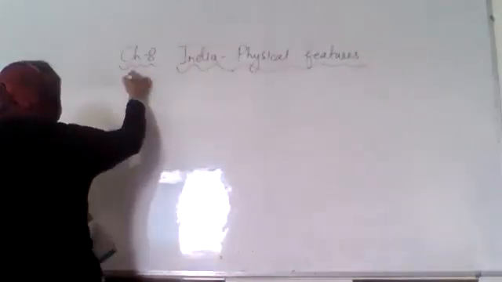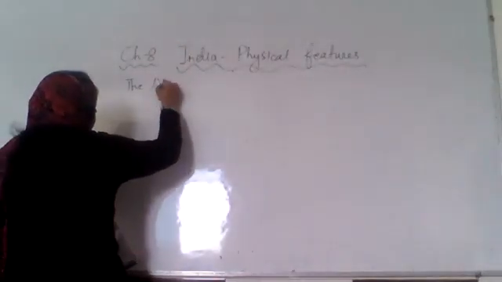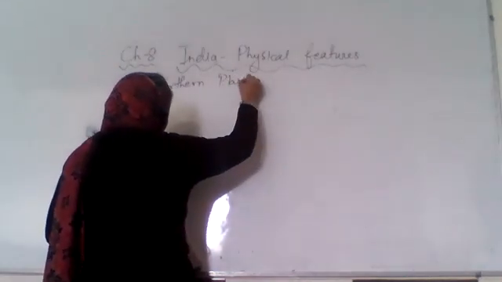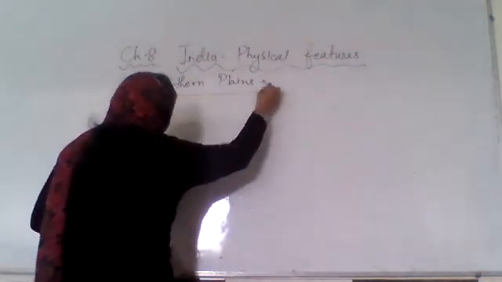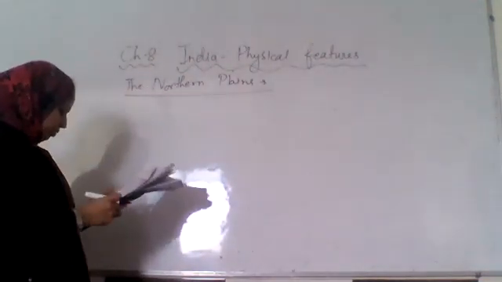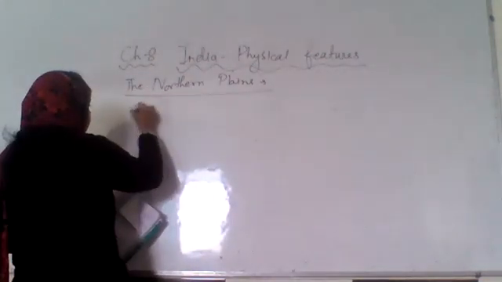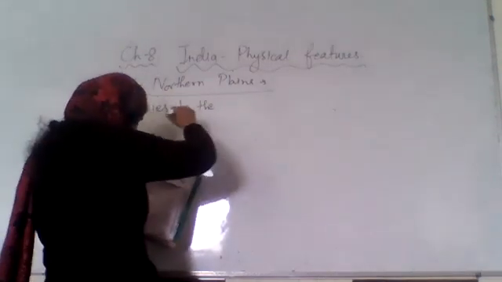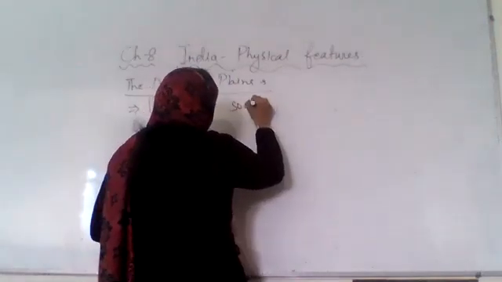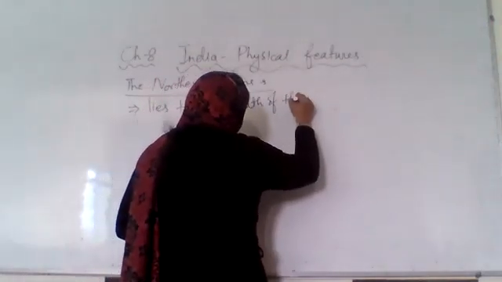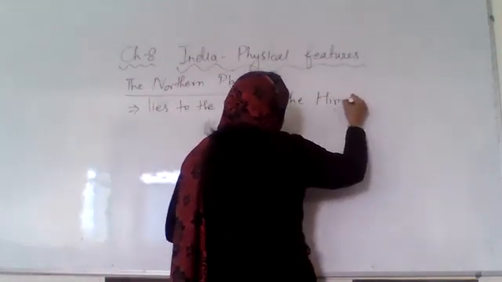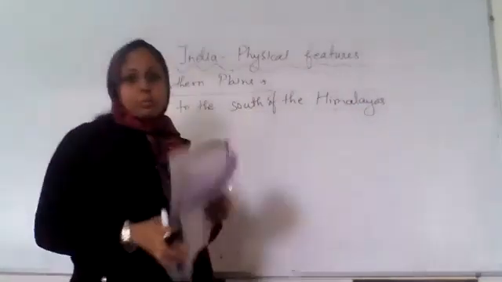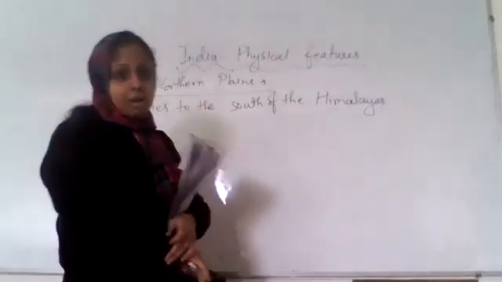So the first will be the northern plains. The northern plain lies to the south of the Himalayas. Now you would be thinking the name is northern plain, then why it lies in the south?